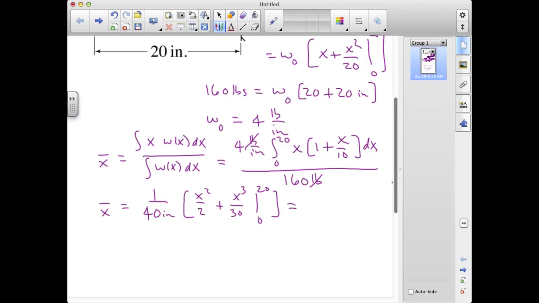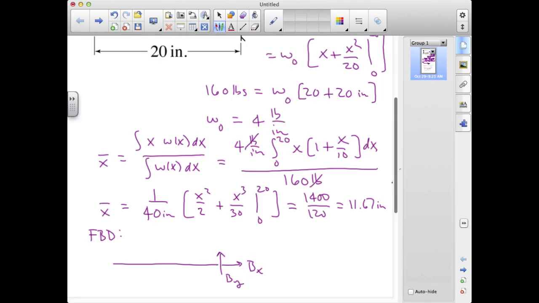And if we plug those numbers in, we get that this ratio ends up being 1400 over 120, or 11.67 inches. Now our simplified free body diagram is going to look like this. We're built in at B, so we'll have a Bx and a By, and we're going to have a moment.